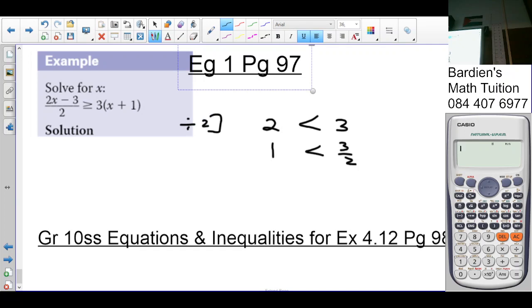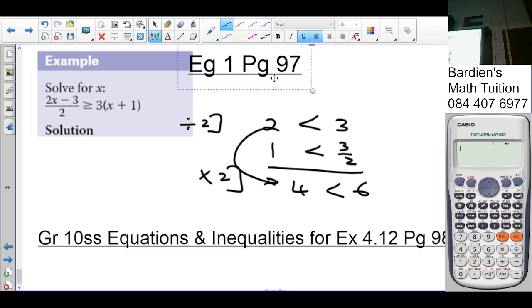So that remains the same. If I took 2 over 3 and I multiplied by 2, then that would have been 4 over 6, which is still the same. So when we're adding and subtracting, multiplying or dividing, the inequality remains the same.